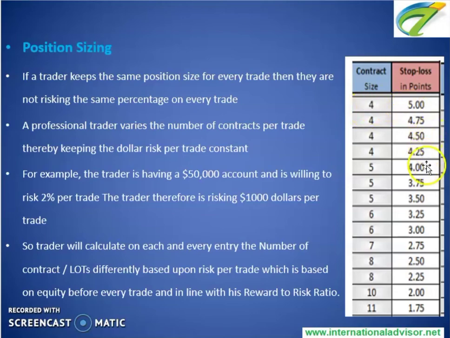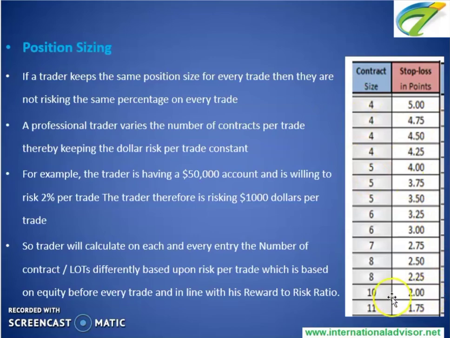If the stop is decreased based upon the price action movement, what charts are telling us, if it comes, for example, to 2 points, we may increase this to 10 contracts, because 10 contracts into 2 points equal $1,000. So in every transaction we are risking $1,000 here, $1,000 here, and so on.